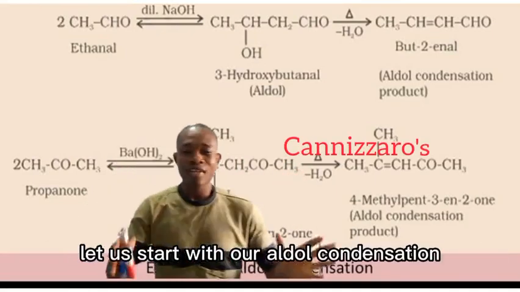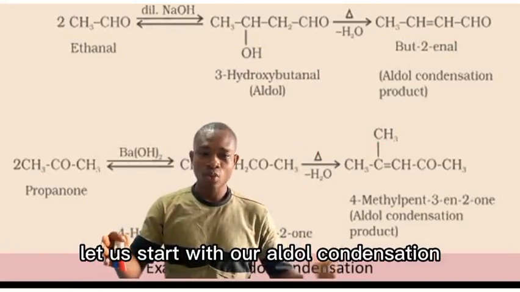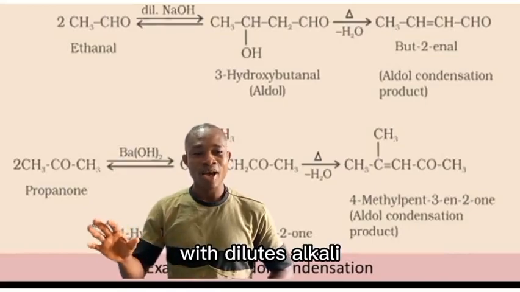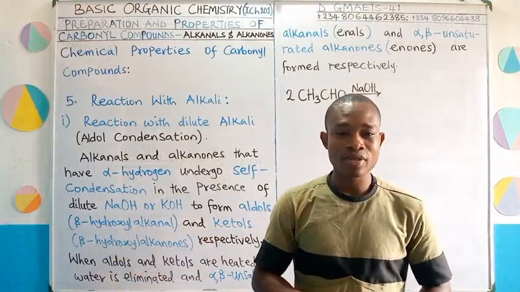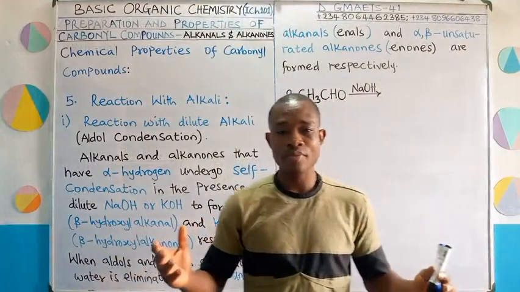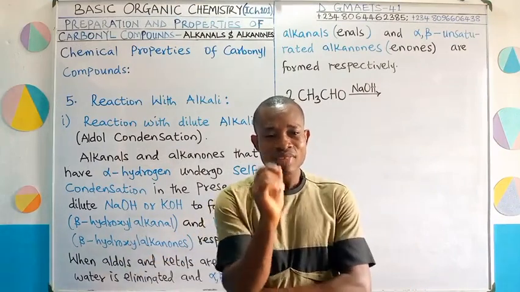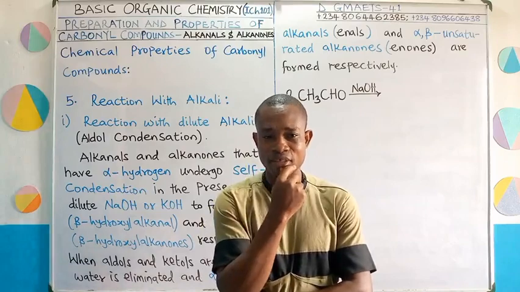Let us start with our Aldol condensation, which of course is the reaction of carbonyl compounds with dilute alkali. The alkali we use in that case could either be sodium hydroxide or potassium hydroxide. There are key things you should know about this reaction.